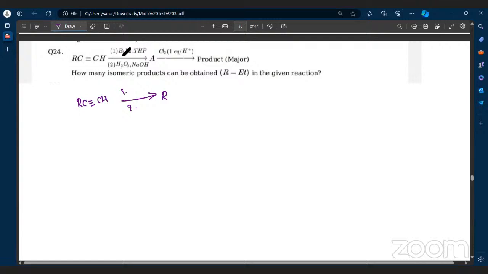It is B2H6, H2O2, NaOH. Here hydration takes place in the presence of diborane and peroxide. Hydration takes place, that is, you are going to add water across the triple bond. Does it follow Markovnikov's rule or anti-Markovnikov's rule?